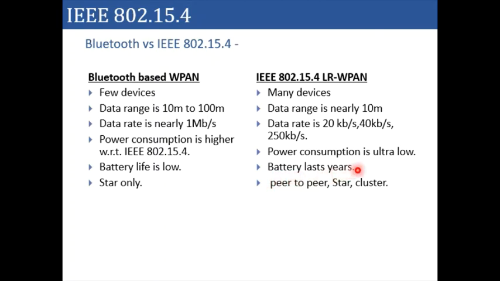Battery lasts for years because those are deployed in those remote areas where powered devices cannot be utilized. And when you compare with the topology, Bluetooth can only support a star topology while the 802.15.4 can support peer-to-peer, star as well as cluster topology.